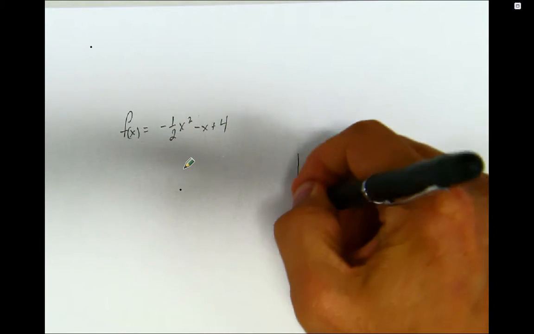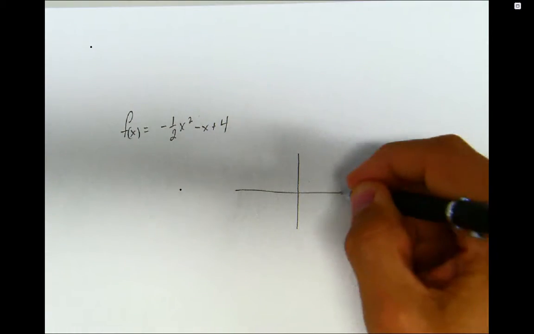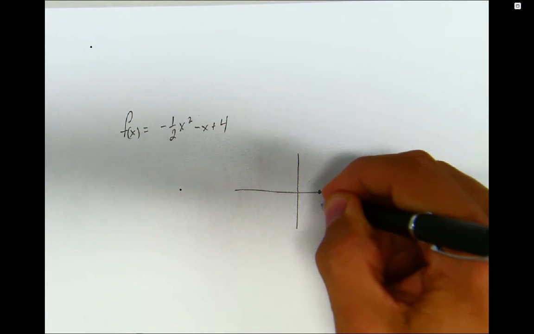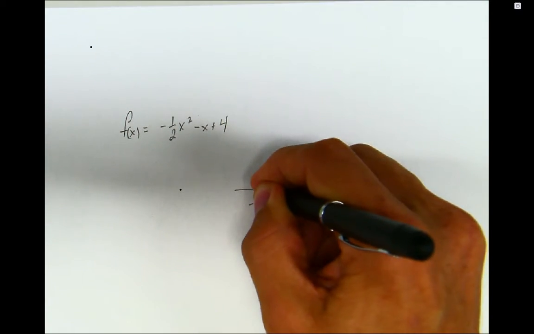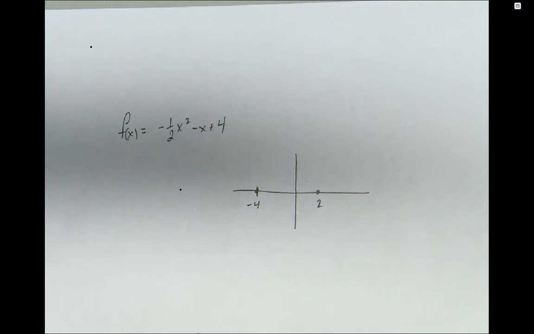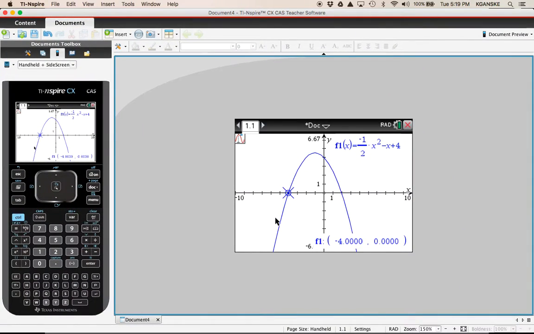Okay, so I've got this picture so far where I've got 2 and -4 from my zeros. Those are 2 points on the graph. Okay, and now we want to go find our vertex. So you can drag that one across too, and it finds it instantly. The trace is really nice for this because you can find more than one thing at a time.